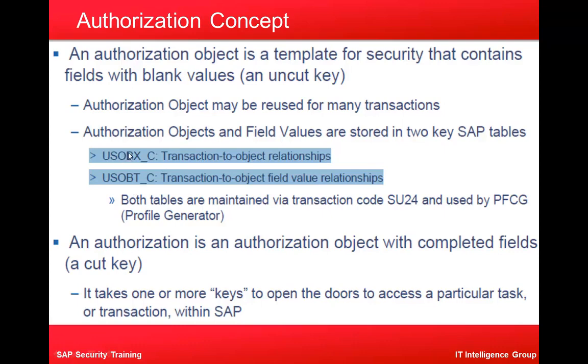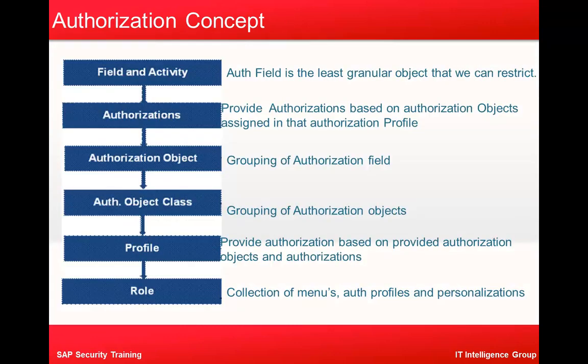The transaction to object relationship is stored in a table called USOBX_C, and transaction to object field value relationships are stored in USOBT_C, and you maintain both of these through the transaction called SU24. So take note of the difference between authorization objects and field values, where these objects and field values are stored, and how you maintain those field values.